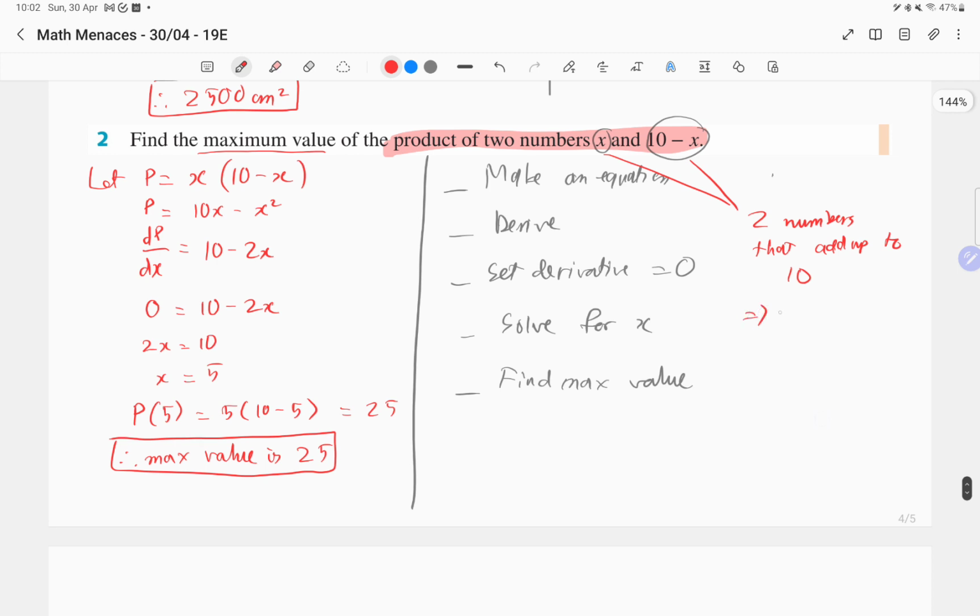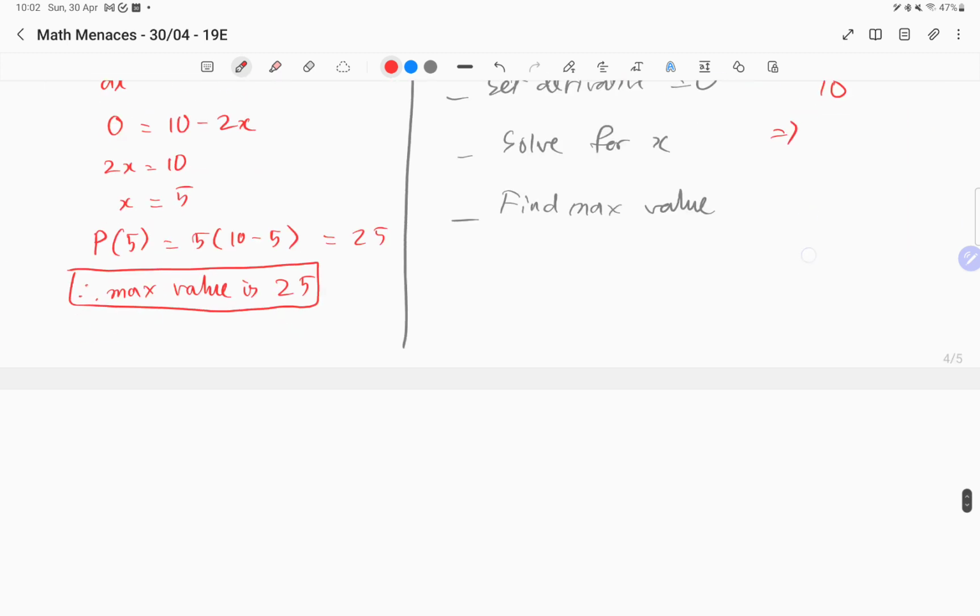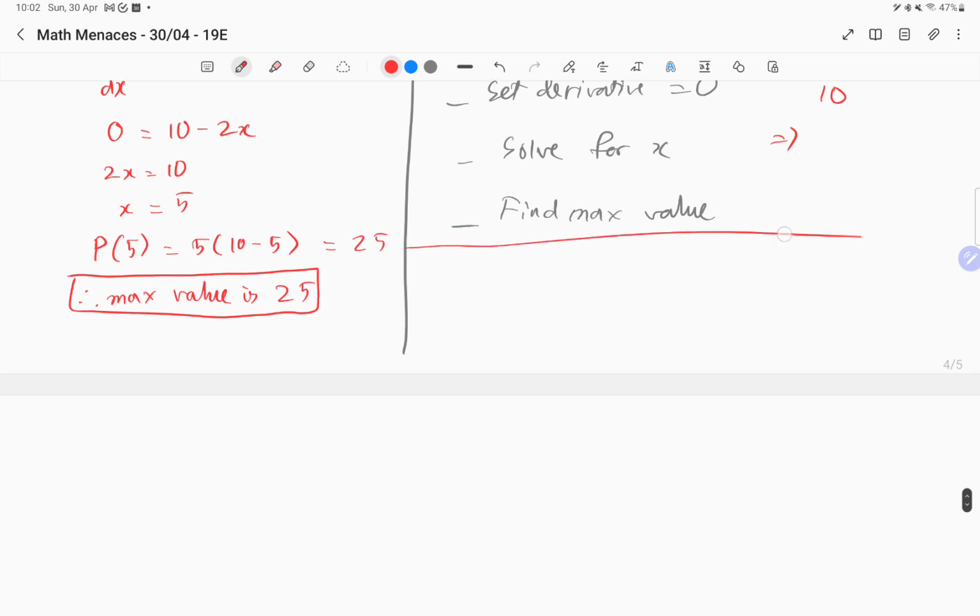This one says that there is a maximum product of them. The maximum value is always going to be when the two numbers are exactly equal. What does that mean? It means that if you are faced in real life with a scenario where you have a string, and you want to form some sort of rectangle or square, let's say you want to form a box, with a certain area, what is going to be the biggest box that you can form?